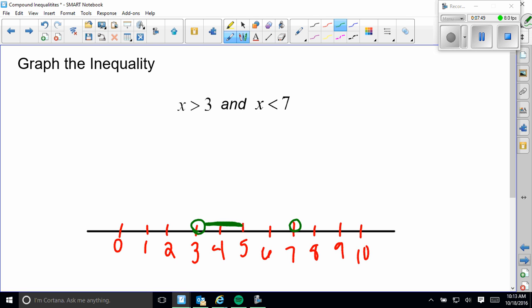Over here, x is less than 7, so it's anything smaller than 7. So our values go towards each other, and they're representing everything between 3 and 7, but not including 3 and 7. So hopefully you realize that with the AND, our values are going to go towards each other.